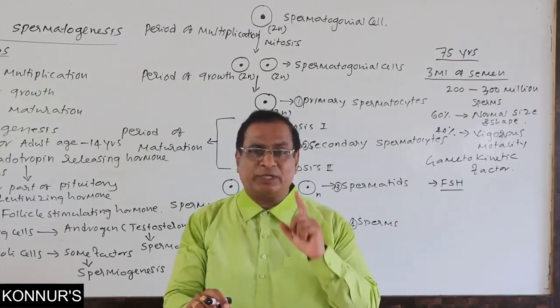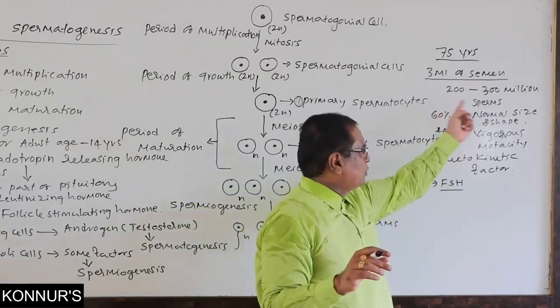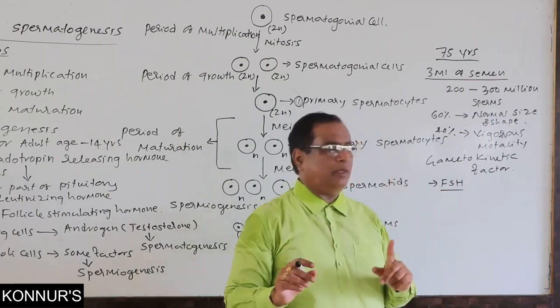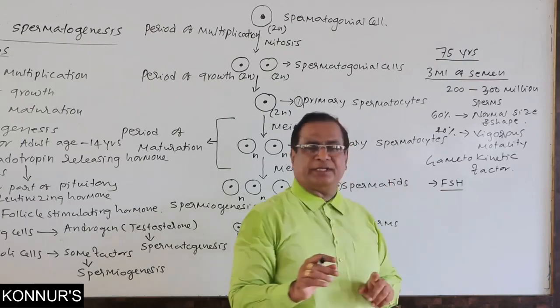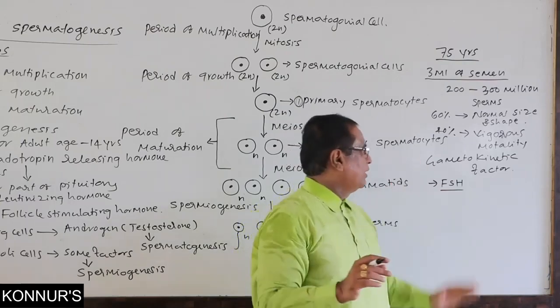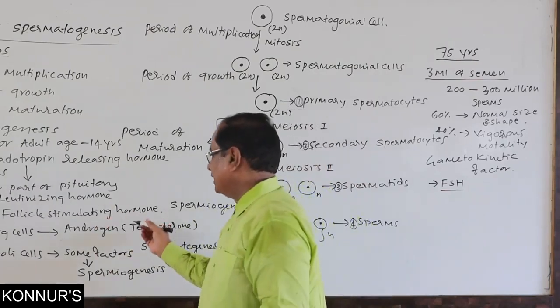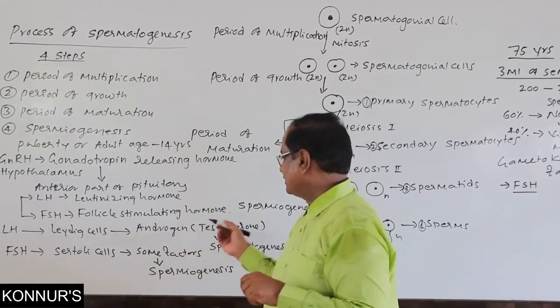That vigorous motility is also very necessary. Among the total sperms produced, 60% are having normal size and shape, and 40% are having vigorous motility.